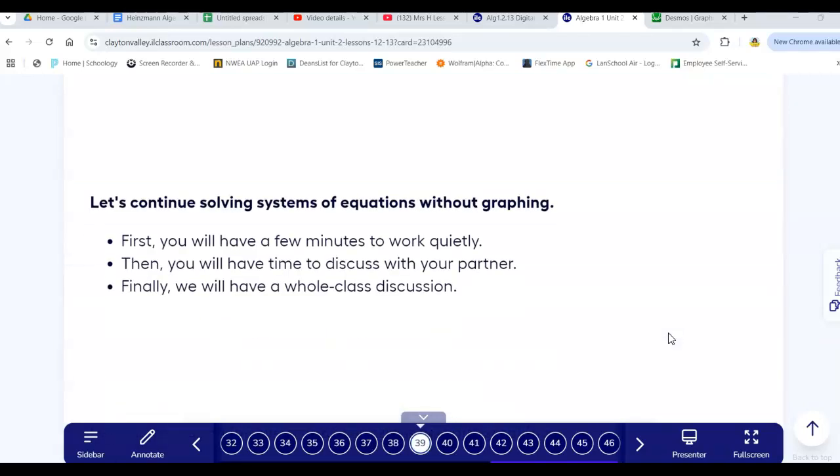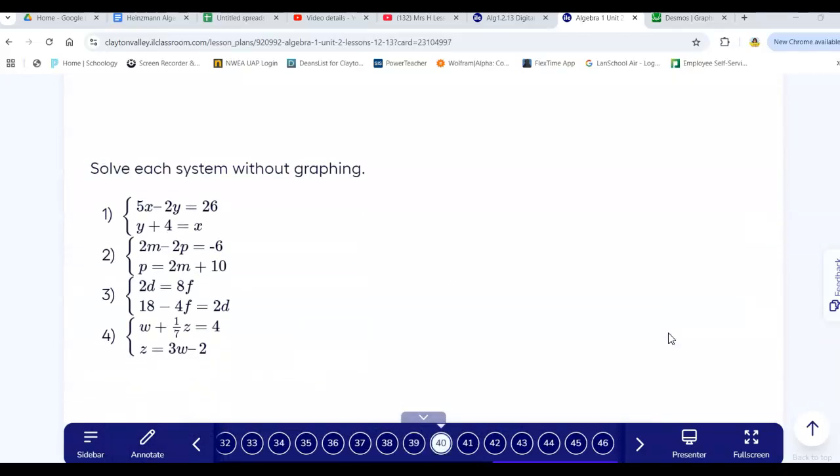You then have another activity that I'm not going to go through in detail, but it's 4 more systems, and they don't want you to graph them. So they want you to practice solving them. So I'm going to give you a hint on this first one, and then I'm going to go to the end and finish.